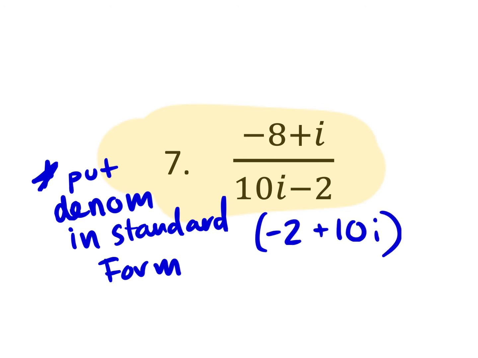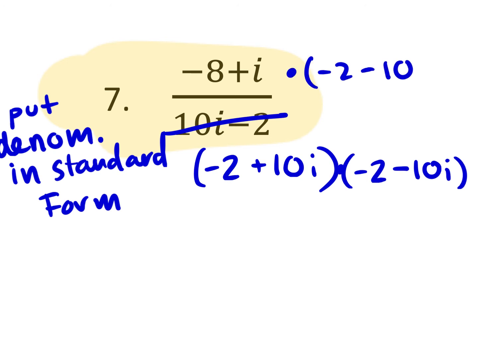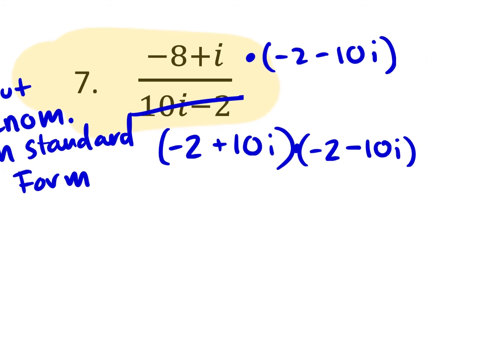So I just rewrote the denominator. Now, what do I have to multiply here to get the i out of the denominator? Perfect. The conjugate. So -2 minus 10i to the top and the bottom. So the same thing gets multiplied on the top and on the bottom.